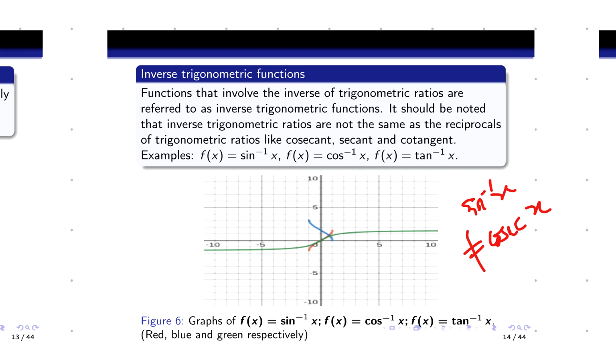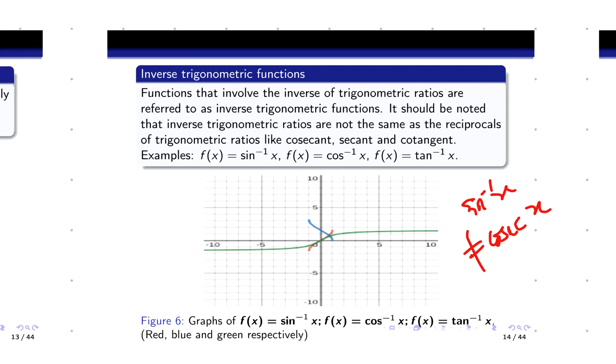Functions that involve the inverse of trigonometric ratios are referred to as inverse trigonometric functions. It should be noted that inverse trigonometric ratios are not the same as the reciprocals of trigonometric ratios, like cosecant, secant, and cotangent.